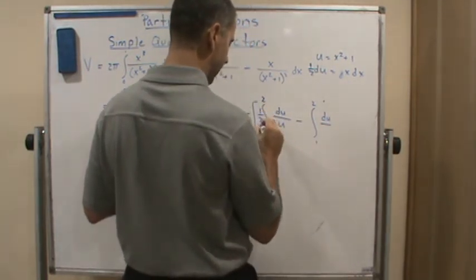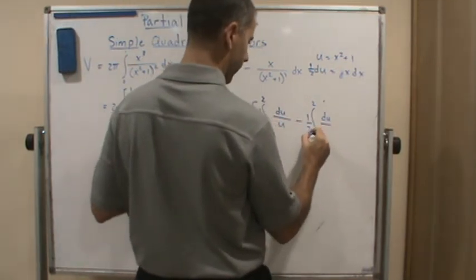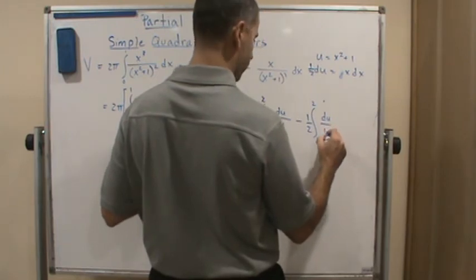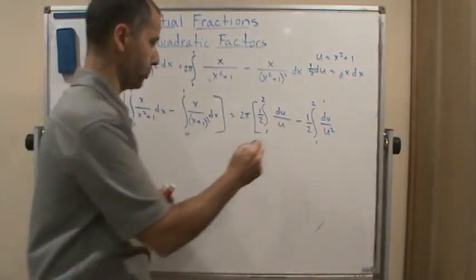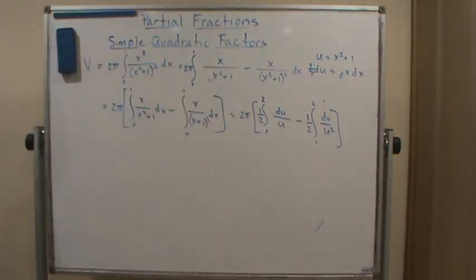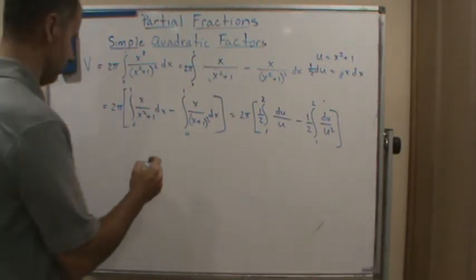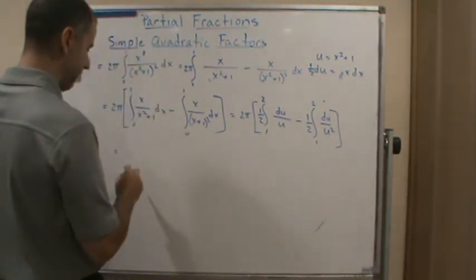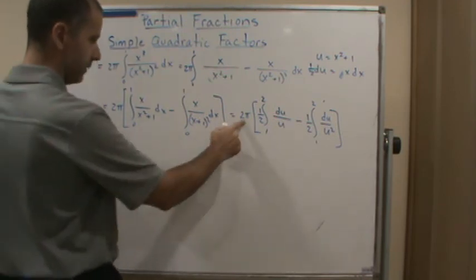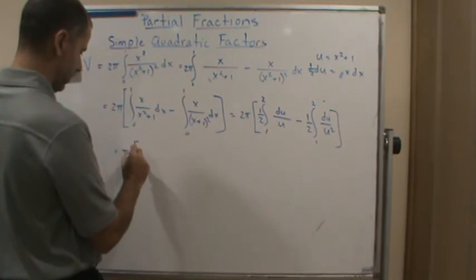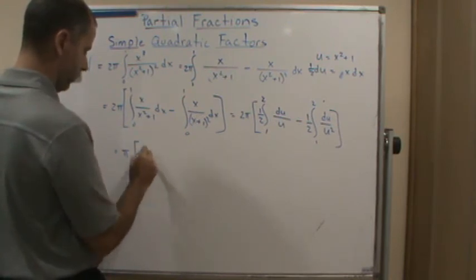So let's pull the 1/2 out. Okay, so now we can integrate. So I'm going to pull the 1/2 out, and so we get pi, because the 2 and the 1/2 will cancel. And we get the integral from 1 to 2.